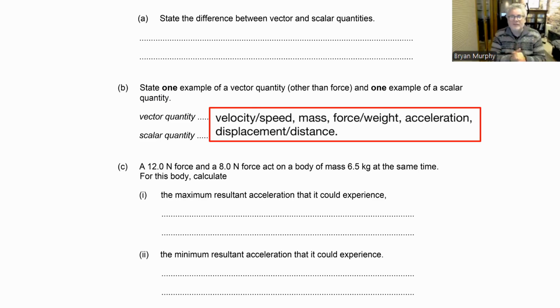Well, from part A, a vector quantity has magnitude and direction, whereas a scalar quantity only has magnitude. That's the perfect answer if I say so myself. So giving one example of each, you can just get it off the list. Part C, we are going to come back to that later. I'll just leave it on there. I'll just let you think about that for a minute.